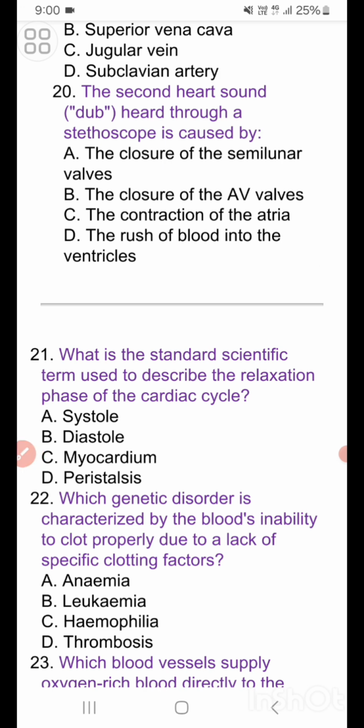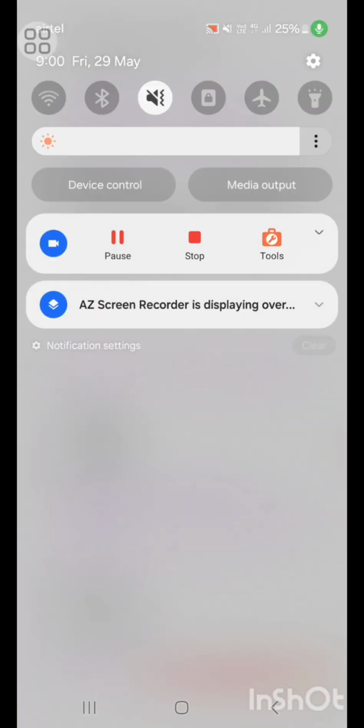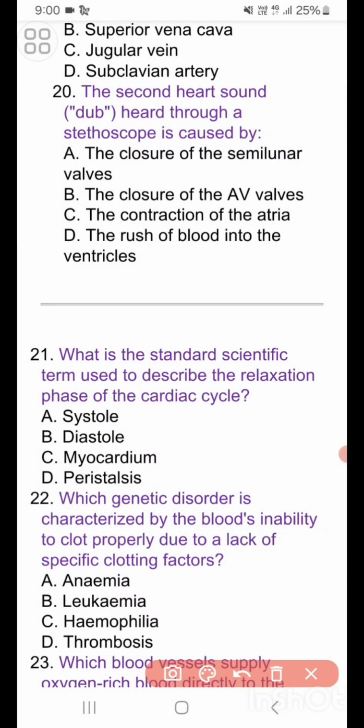The second heart sound, dub, heard through a stethoscope is caused by the closure of the semilunar valves.